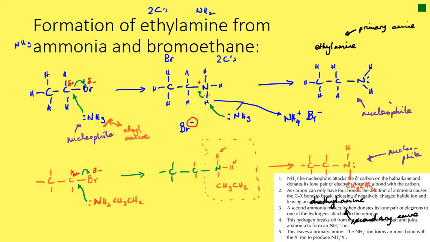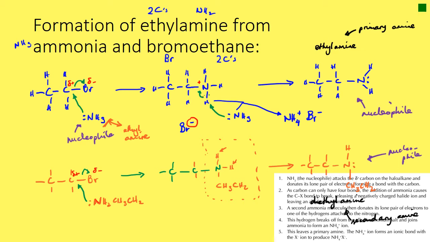And at the same time, of course, nitrogen doesn't like having 4 bonds, and so it's quite happy to release that hydrogen and keep its electron. So the nitrogen that's in the ethyl ammonium salt keeps these 2 electrons that are in this bond, right, and becomes a neutral molecule again.